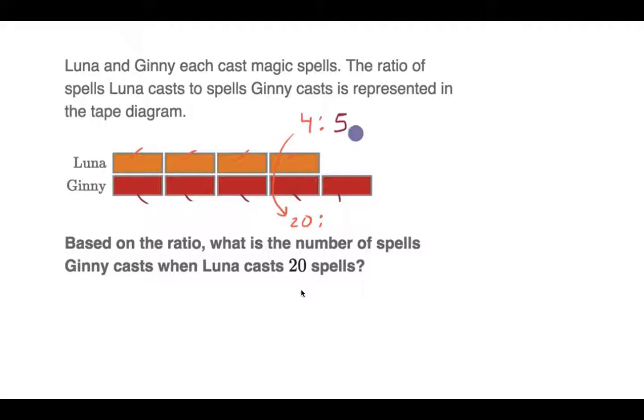And so we would do the same thing with the number of spells Ginny casts. You'd multiply that by 5, so it's 25. So 4 Luna spells for every 5 Ginny spells is the same thing as 20 Luna spells for every 25 Ginny spells. And so how many spells does Ginny cast when Luna casts 20 spells? 25. She casts 25, and we're done.